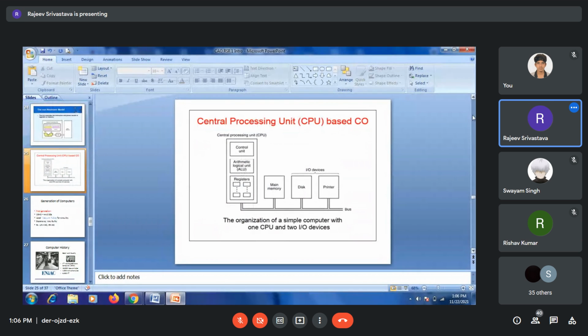And then we have a slightly small block diagram to explain it more.